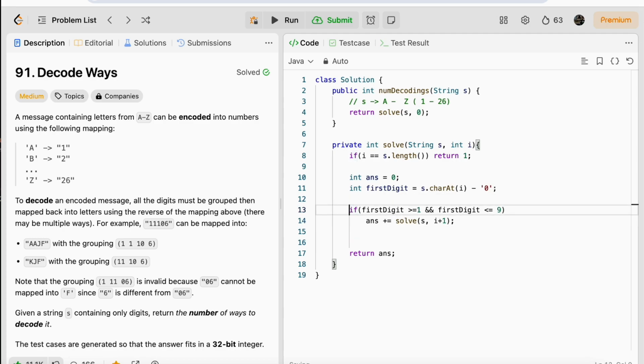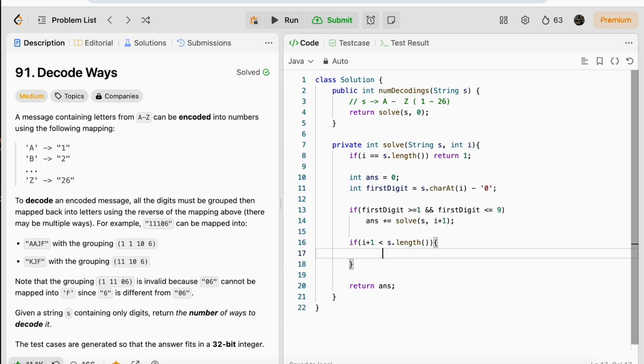Now we will see whether we can decode the first two characters or not. For that, first of all we have to check whether there is scope to consider two characters: i plus 2 less than or equal to s.length. It means we can consider the first two elements. Now we will see whether those two elements are valid or not. For that, second is Integer.valueOf(s.substring(i, i + 2)).